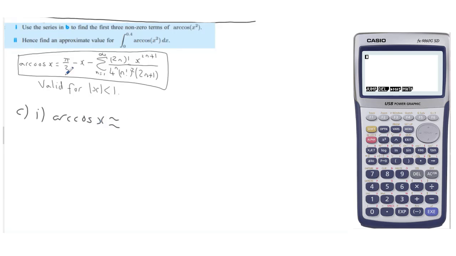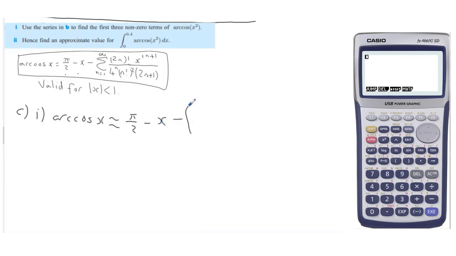well, the first term is just this pi by 2, that's the constant. The second term is the x term, so that's minus x. And then the third term is going to be the first term of the series evaluated at n equals 1, because it starts at 1. So you're going to have 2n factorial, so that's 2 factorial, or minus, because of the minus sign.